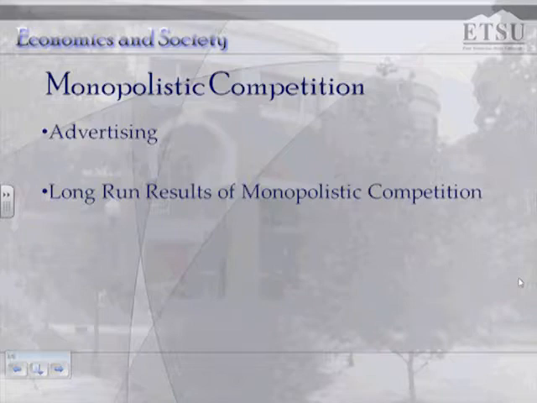So they compete for the dollars, which pushes the price down, but it also results in all this innovation. We're trying to get you to buy our stuff because it is better. So we get higher quality and more variation in output. So monopolistic competition seems to be something that is good for consumers.